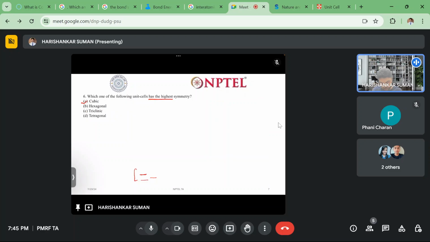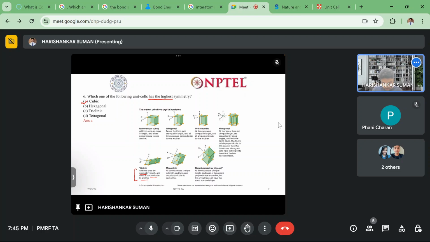Then crystal systems, symmetry in crystal systems, and the relation between the lengths of the systems and angles. Then thermal coefficients.